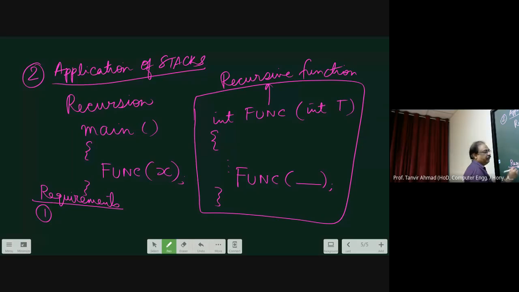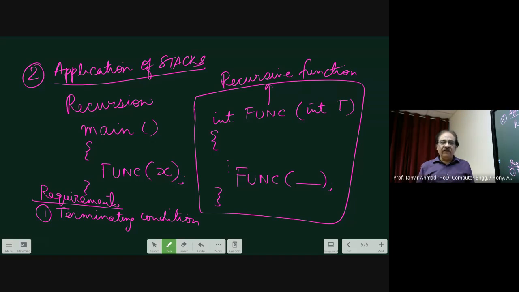First of all, it must have a terminating condition. Terminating condition means it should have a condition by which the function must terminate. Otherwise, if the terminating condition is not there, the function will run infinite times. Therefore, the terminating condition has to be met.